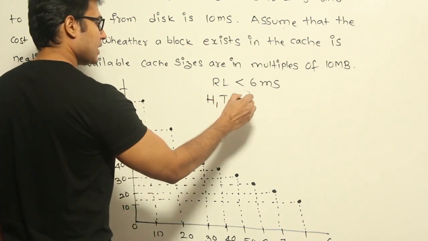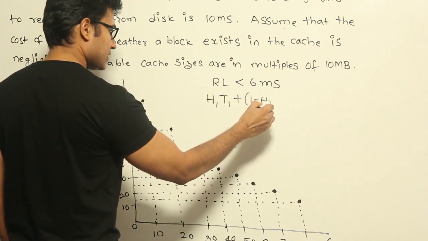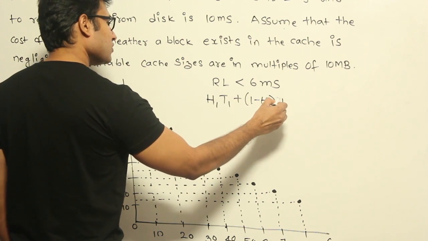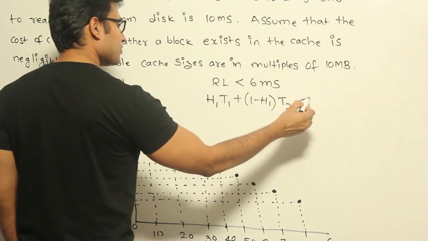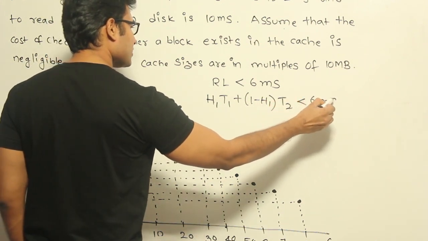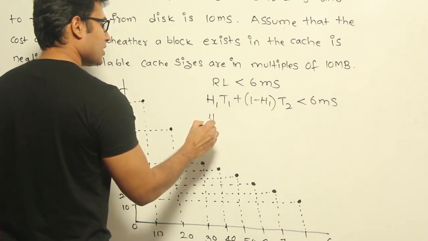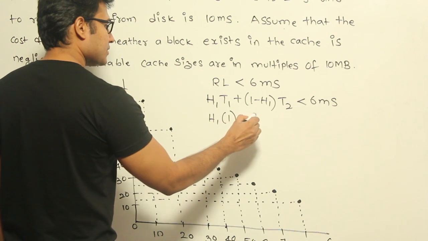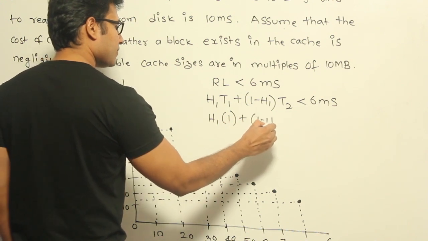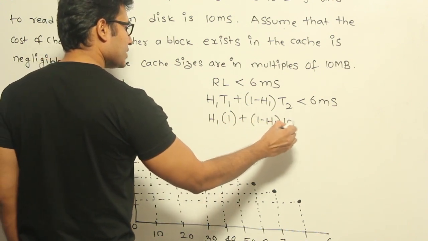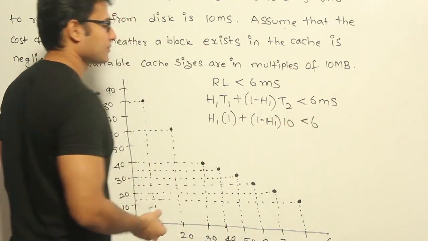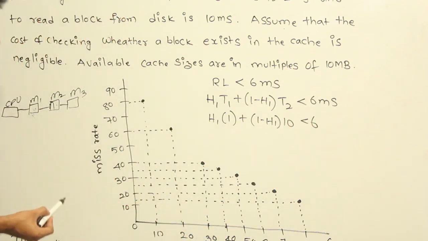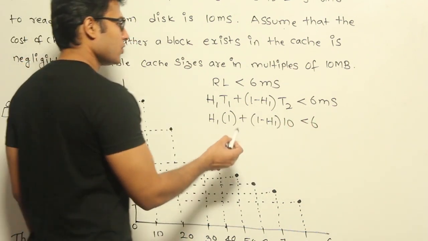If there is a miss in the cache, which means 1 minus h1, then we should read it from the hard disk. This should be less than 6 milliseconds, right? Now h1 into 1 millisecond, which is given, plus 1 minus h1 into 10 milliseconds, which is also given, should be less than 6. I'm just cancelling out milliseconds. Okay, and now what do you get?